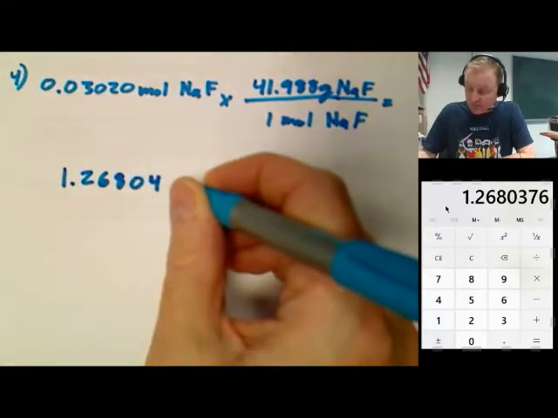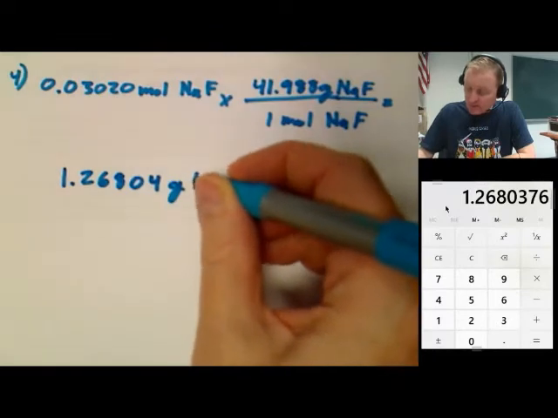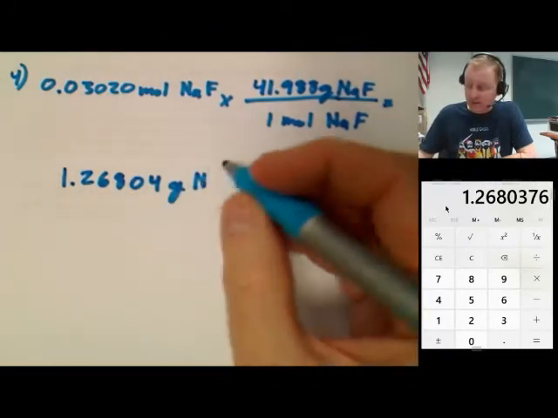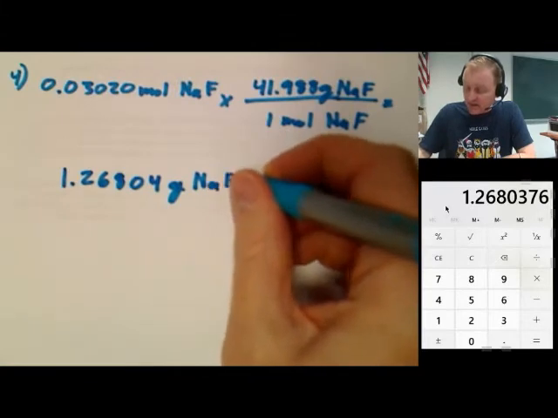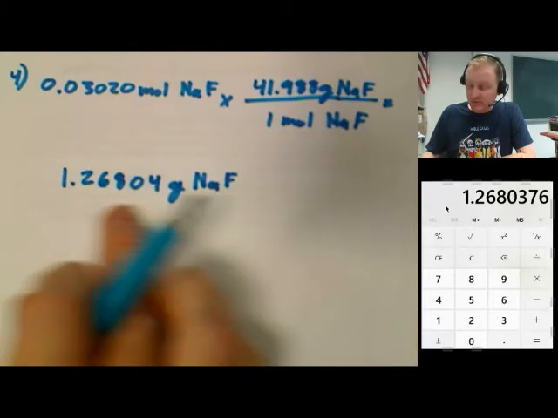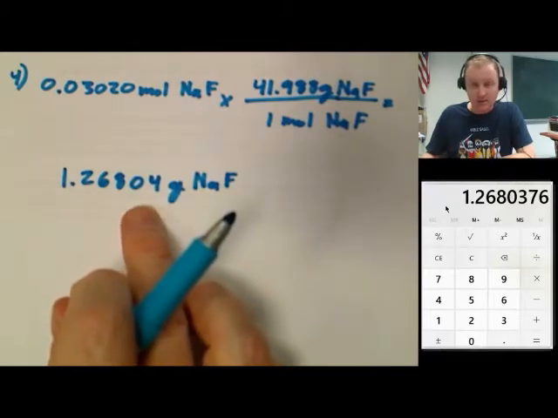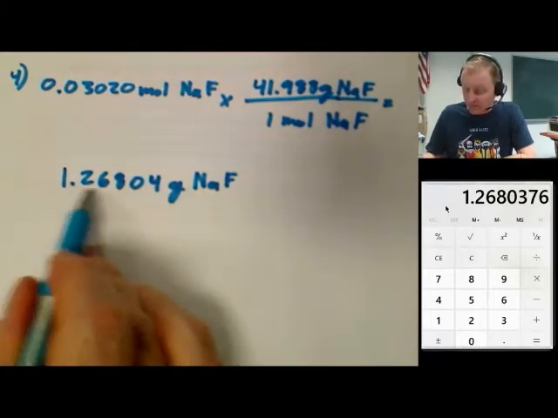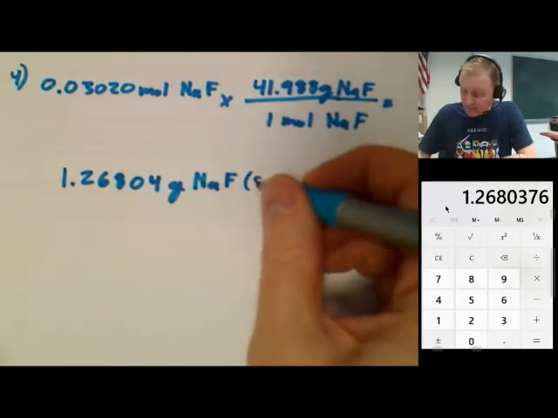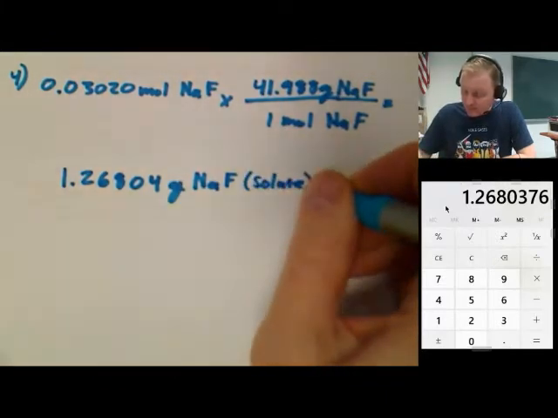I'm just going to round it there. Notice I bring it out a long ways. I don't want to round off during my calculations, because I can get some mistakes in my final answer. So I did round, but I did use a lot more numbers than I'm going to answer in my question. I'm going to be using 4 significant figures in my answer, and I use 6 here, and that's a good thing. And that again is my solute.